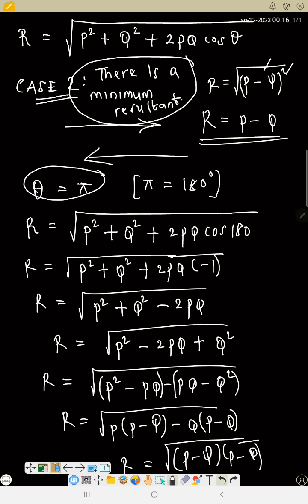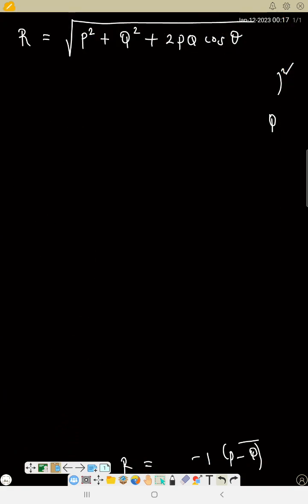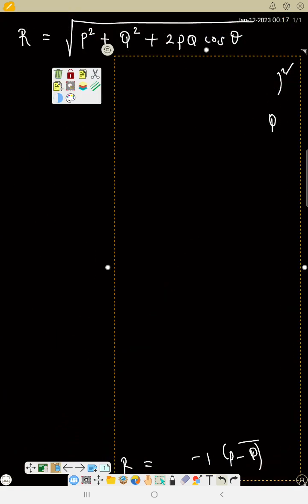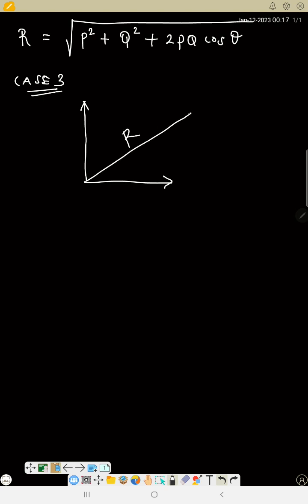Now another case, which is case 3. If two vectors act at 90 degrees to each other, then this will be their resultant. Alpha is the angle which the resultant makes with the horizontal.